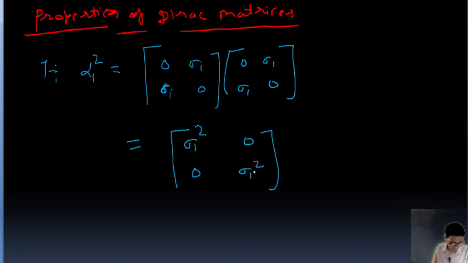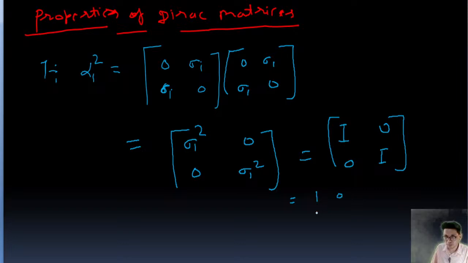And from here this is going to be I, 0, 0, I. So we can write this in this form: 1, 0, 0, 0; 0, 1, 0, 0; 0, 0, 1, 0; 0, 0, 0, 1.